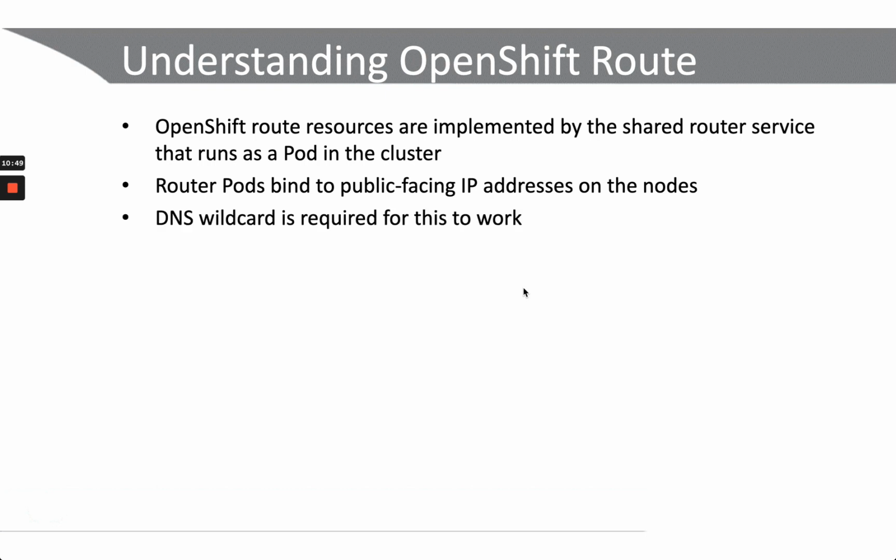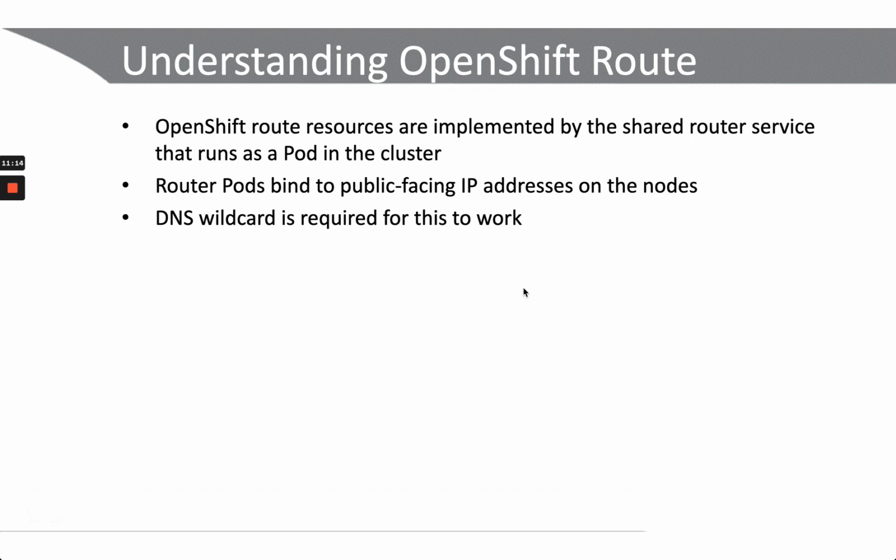And then we are talking about internet DNS, because in the end, the traffic flow starts with the user trying to access your application. So the user is generating a request based on the DNS name of your application. And in DNS, you don't want to update the provided DNS with every single application that you are creating.